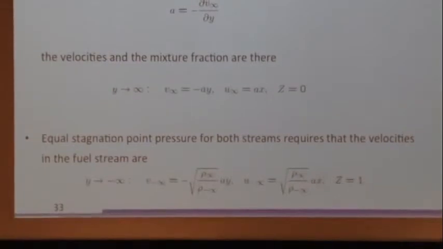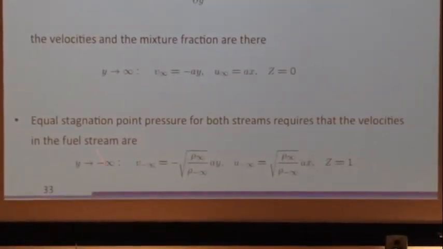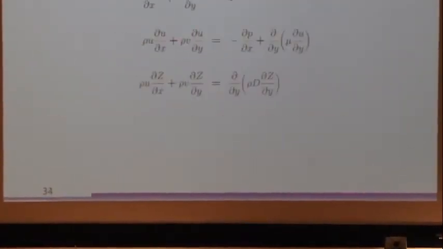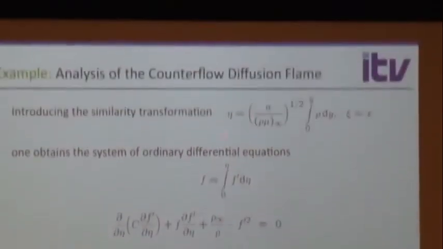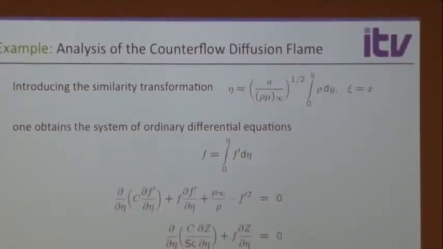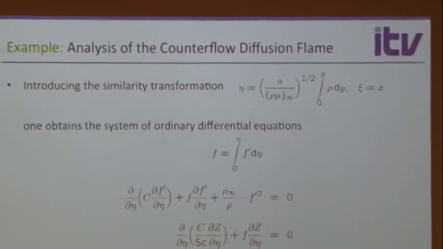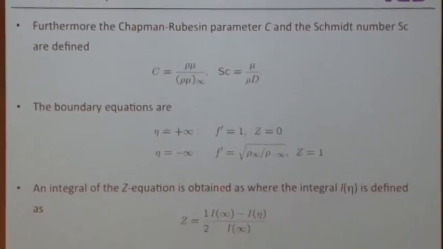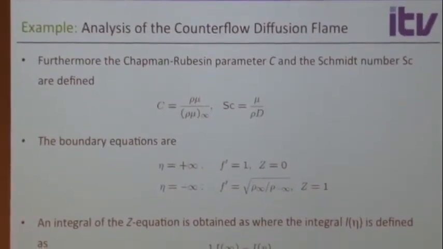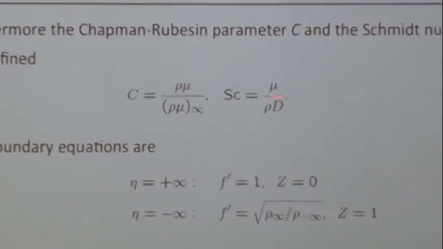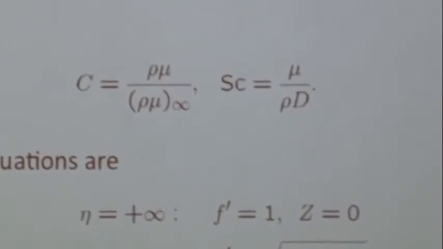We introduced, this is what we did earlier, the similarity solution. And then what we can do is, under certain assumptions, this rho times mu here is a constant.